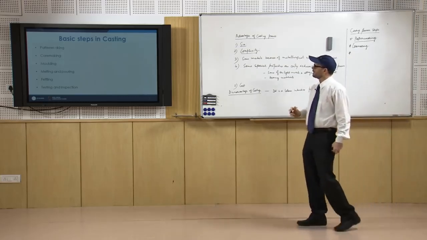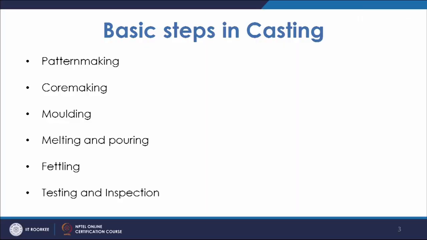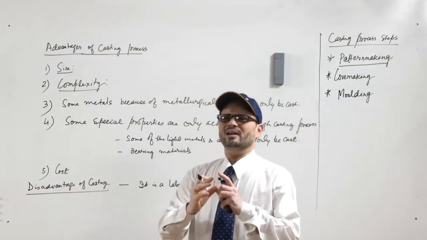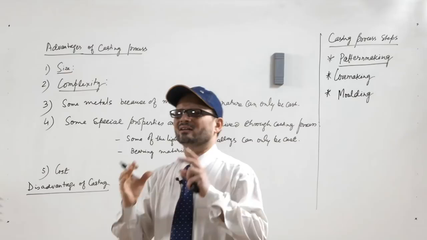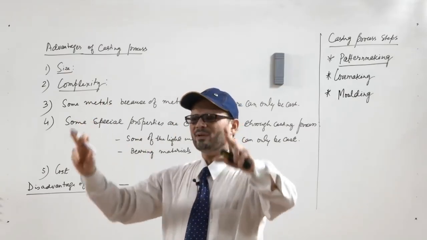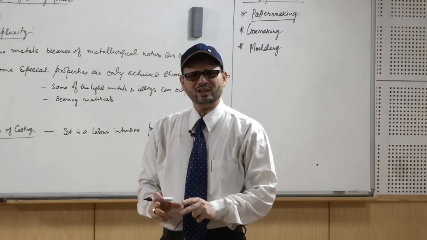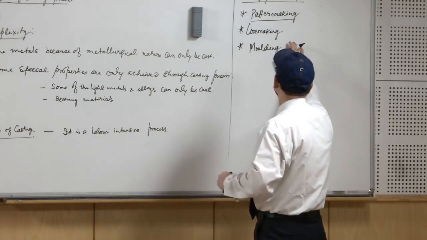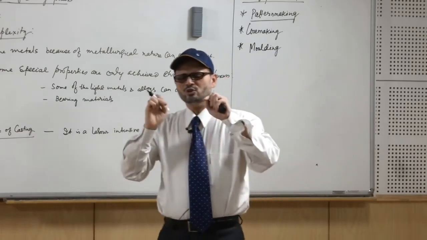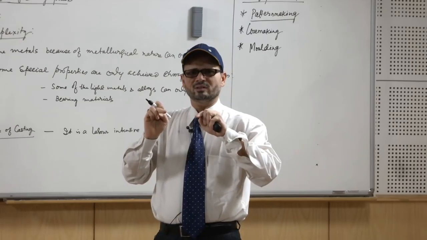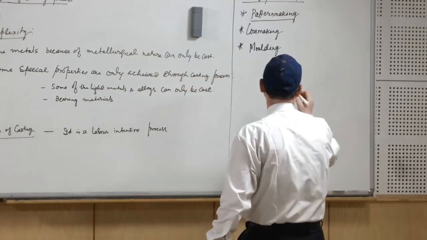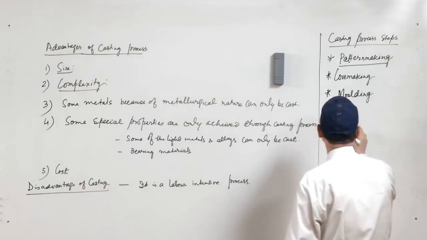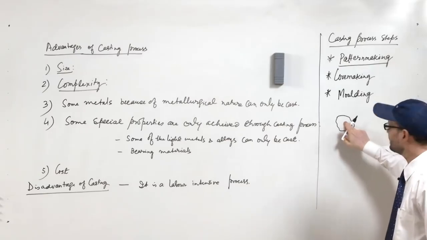Next comes molding. You have a molding shop where basically you are making the cavity for which the cast component is required. Basically you are going to pour the metal in the cavity. So, if suppose you have a cavity like this, ultimately this will be the pattern.